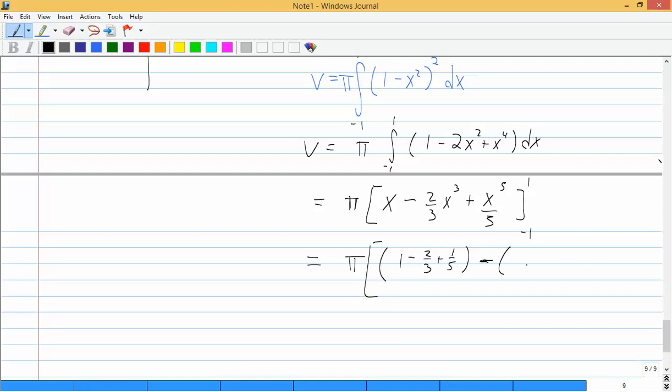Minus, plug in a negative 1. We have negative 1. And then when you cube negative 1, you're going to get a negative 1 times negative 2/3. It's going to be plus 2/3. And then when you raise it to the 5th power, that's going to be a negative 1/5. Now, whenever you put all of these numbers together and subtract, you're going to get 16/15. So your answer is going to be 16/15 times pi.